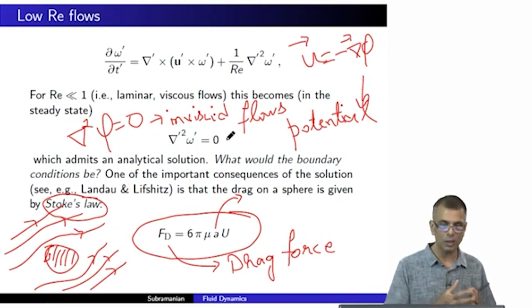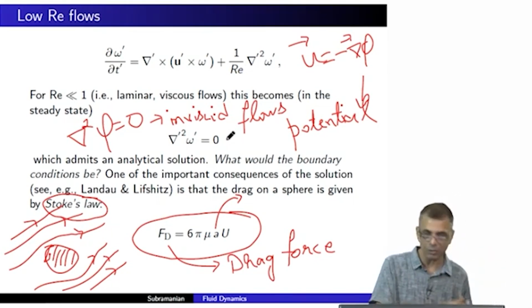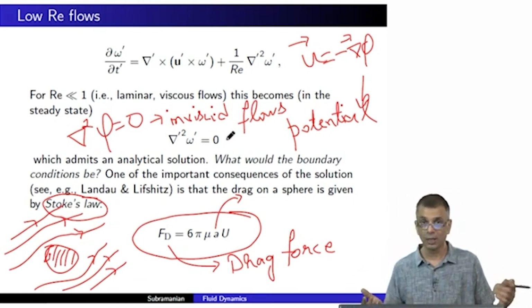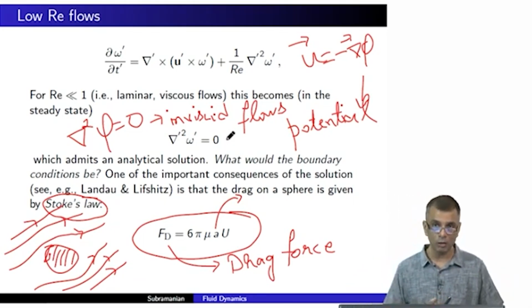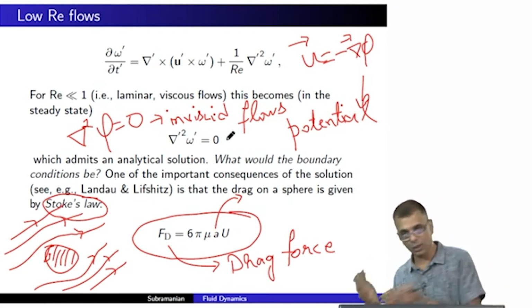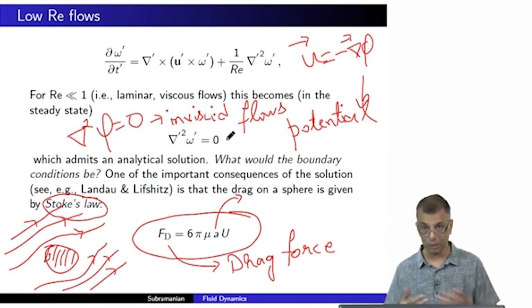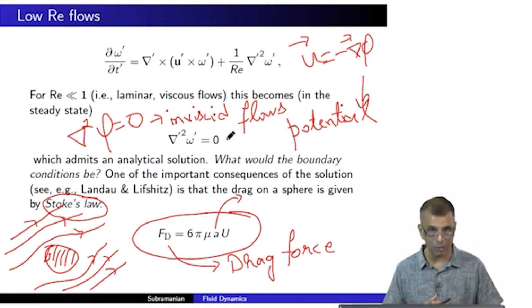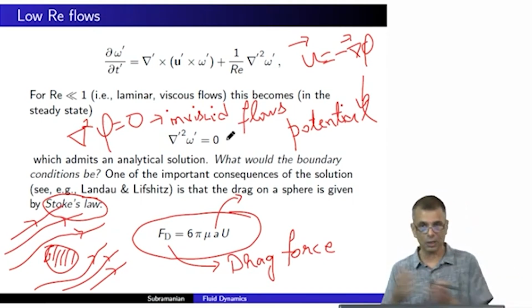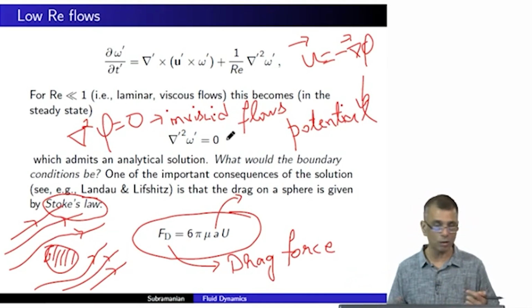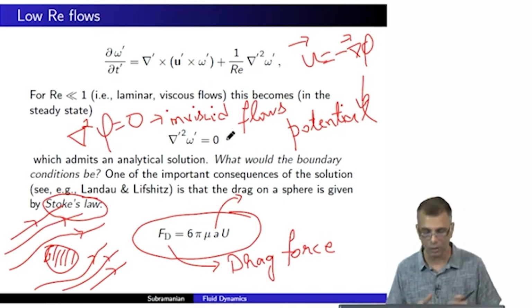And so you are actually transitioning from a low Reynolds number situation to a high Reynolds number situation. And as you can imagine, it's very important to figure out what the drag would be in one situation as opposed to the other. Is there a reduction in drag? Is there an increase in drag as the velocity increases? These are all very important engineering considerations, and so we will try to understand how this works.